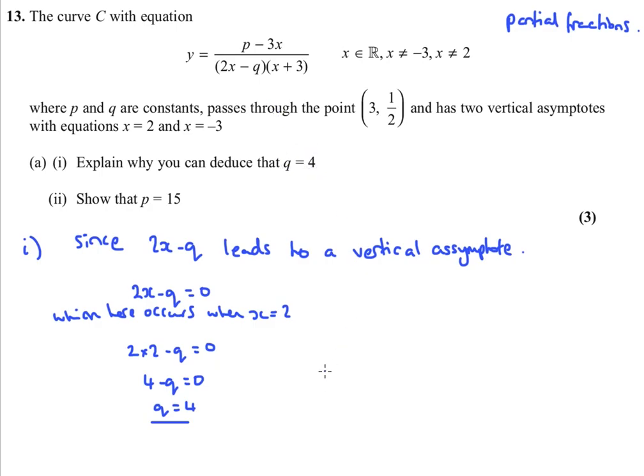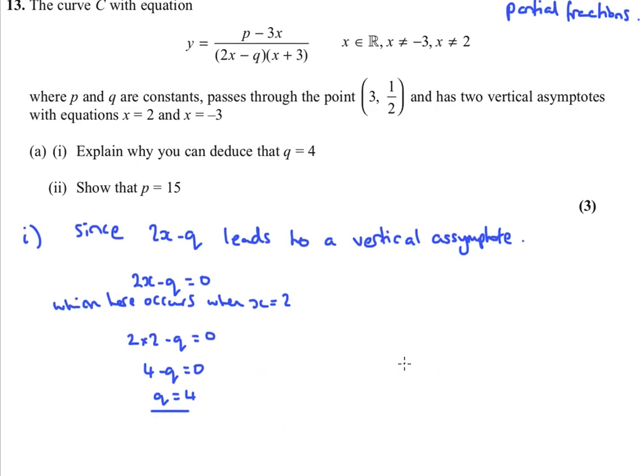It's probably just a 1 marker. And then we need to use the other point here. We now know that q is 4 to work out p. So we've now got that y is equal to (p minus 3x) over (2x take 4) times (x plus 3).